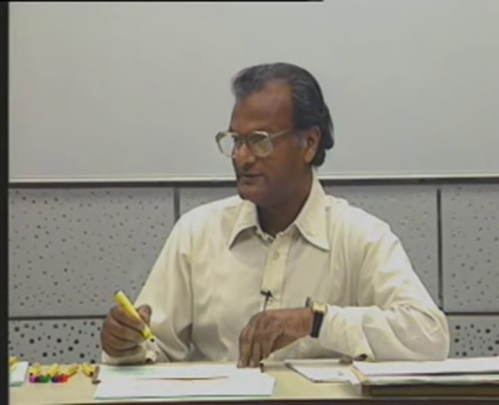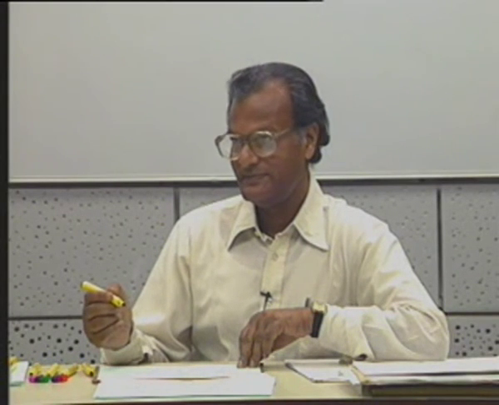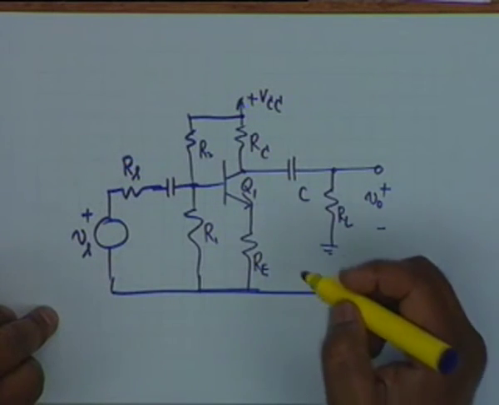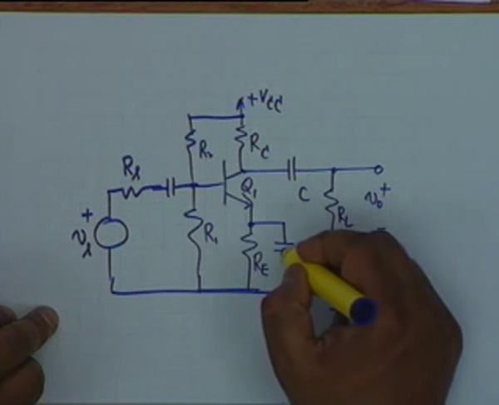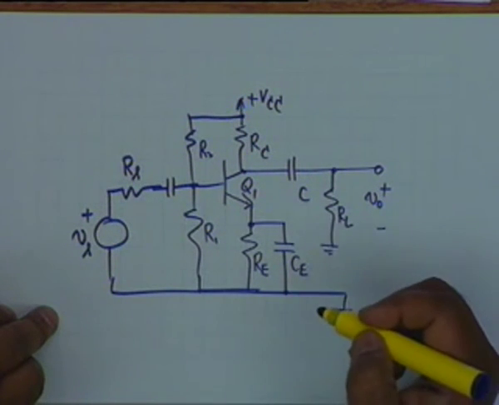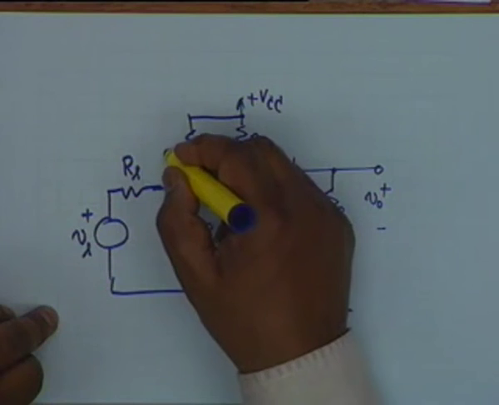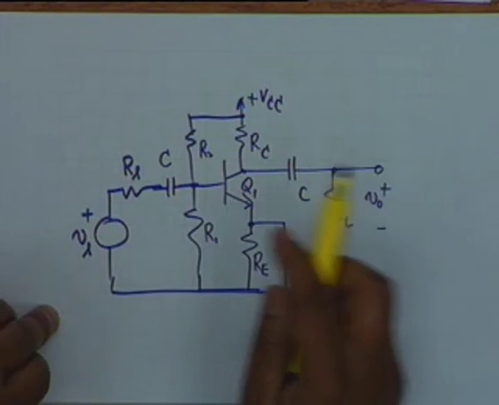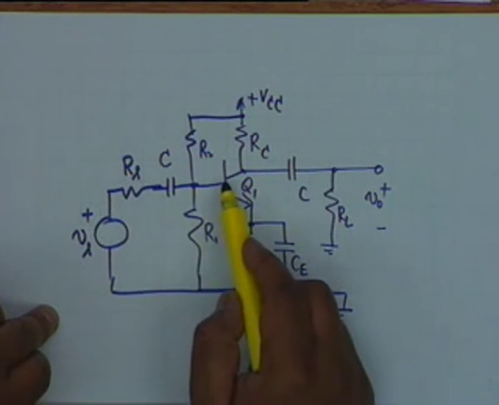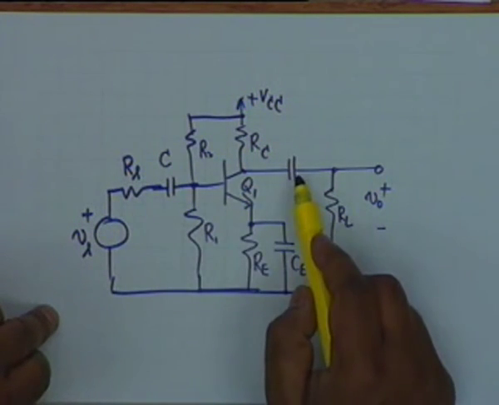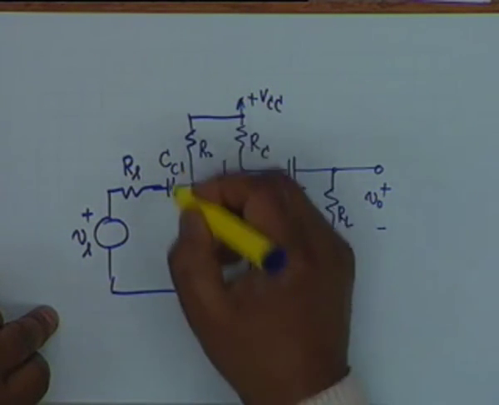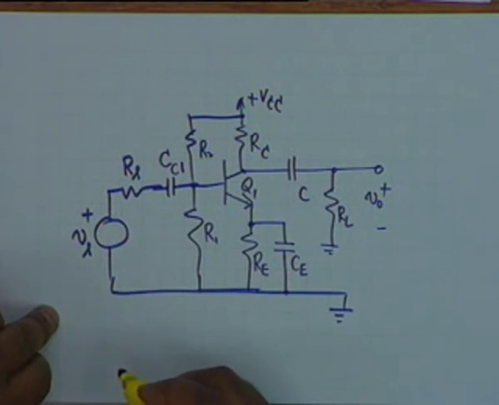I have made a mistake in this circuit. This resistance Re has to be bypassed by means of a capacitor which you shall call Ce. There are three capacitors. These two capacitors are coupling capacitors. This capacitor couples the source to the transistor. This capacitor couples the load to the transistor. This is called CC1, coupling capacitor 1, and this is called CC2.